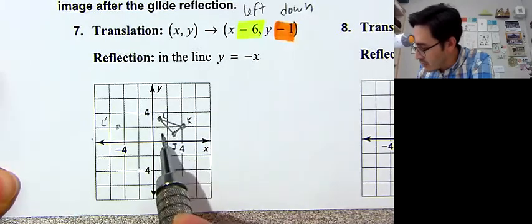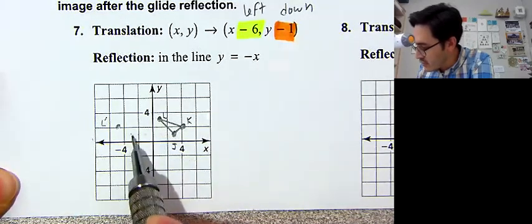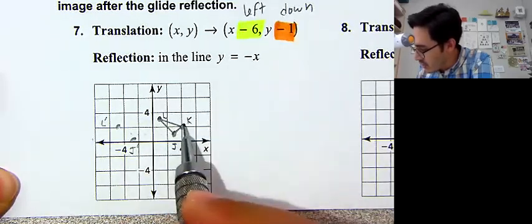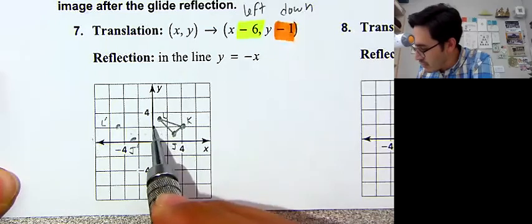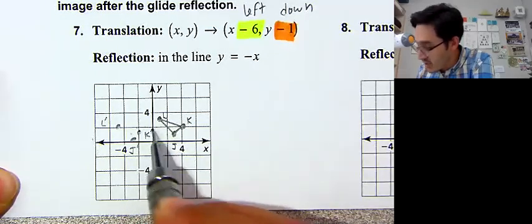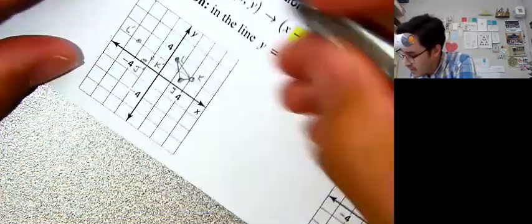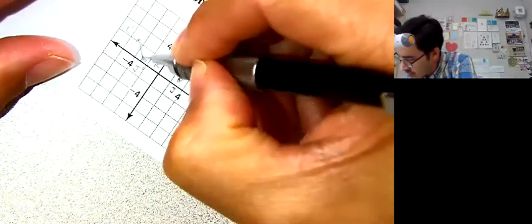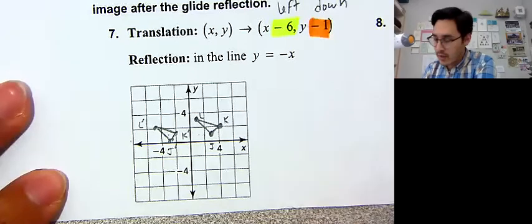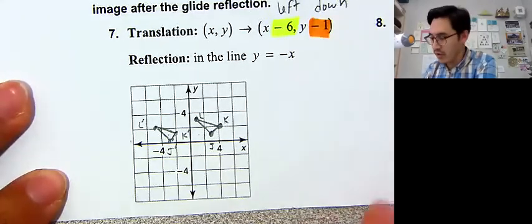Again 6 left, 1 down, that'll be J prime, and likewise that's K prime. So that's the translation. All we did was shift the triangle to the left by 6 units and down 1 unit.